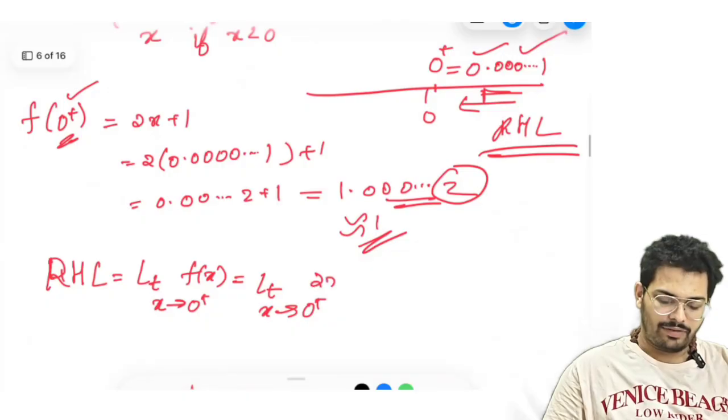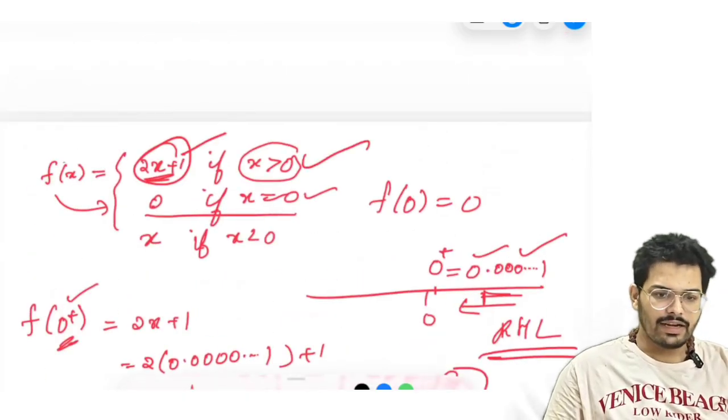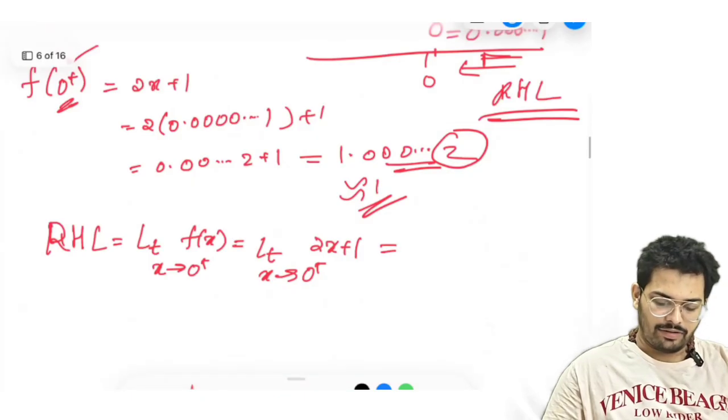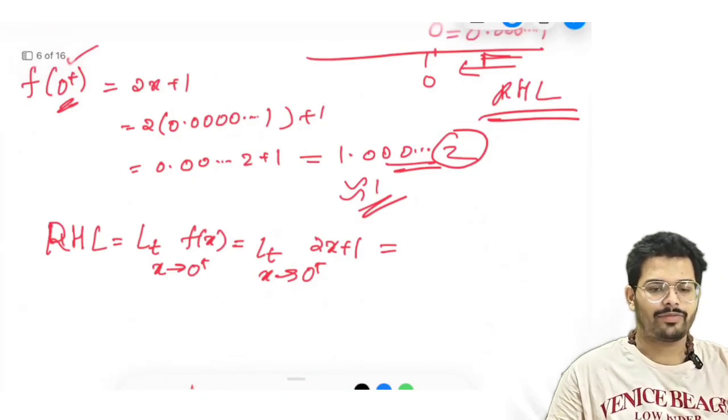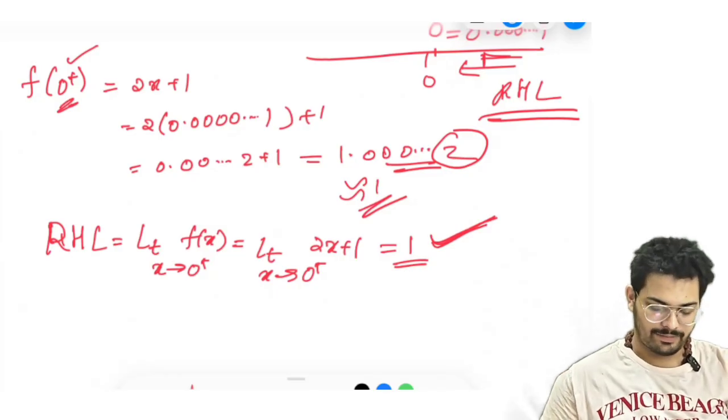So when x is greater than 0, we use the definition 2x plus 1, which will be equal to 2 into 0, 0 plus 1, which is 1. So here the limit will give an idea of where the function is leading us.